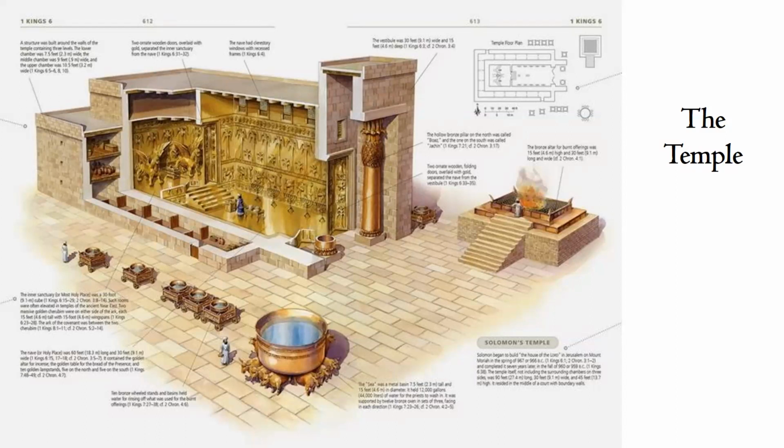The high priest would go into that inner sanctuary only once a year on the Day of Atonement. There he would kill a lamb, sacrificing it for the sins of the whole nation of Israel. Then there would be a goat, and it's called the scapegoat. This is where we get the term scapegoat. The idea there was that the sins of the nation would be put on the goat, and the goat would be released out of Jerusalem.